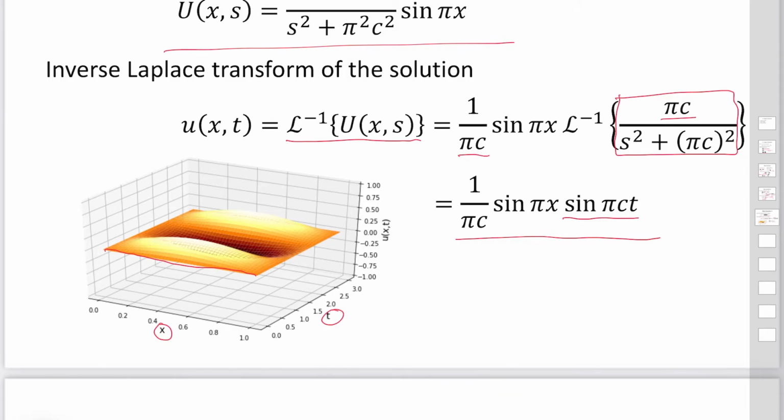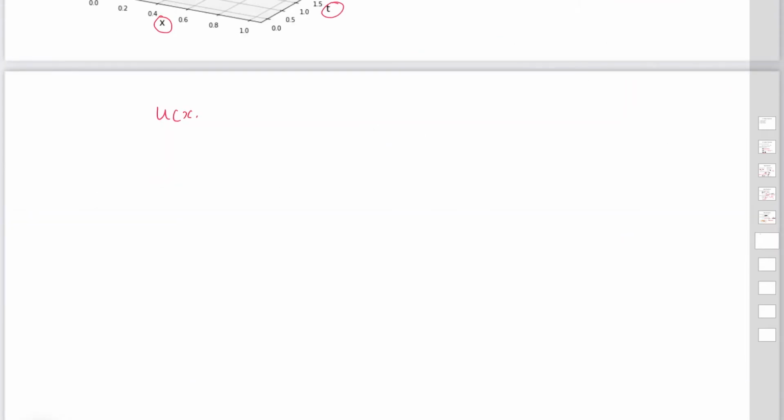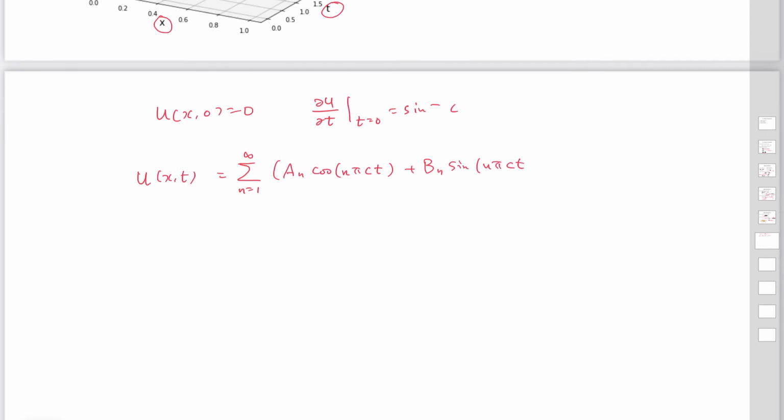Also, we could use the method we learned, the separation of variables method. u(x,0) is 0, and the initial condition, partial u partial t at t equals 0, is sine pi x. By applying the boundary conditions, you can find that the solution u(x,t) is given by the sum from n equals 1 to infinity of a sub n cosine n pi c t plus b sub n sine n pi c t, times sine n pi x.